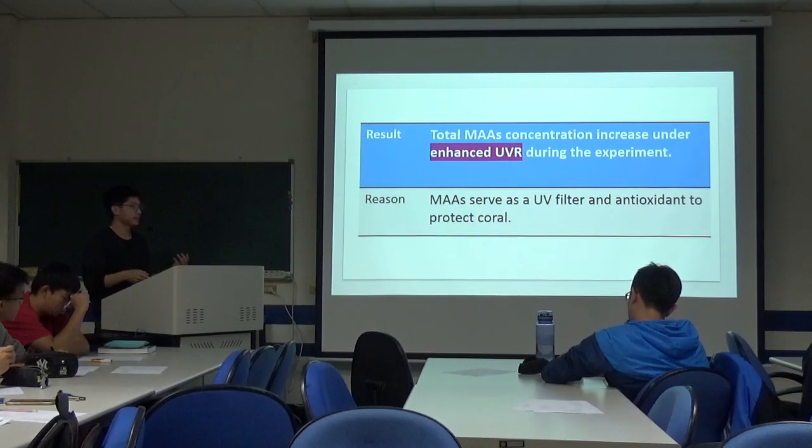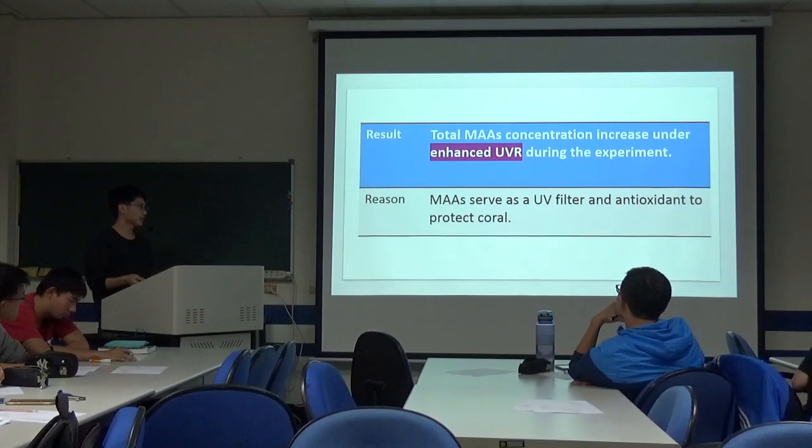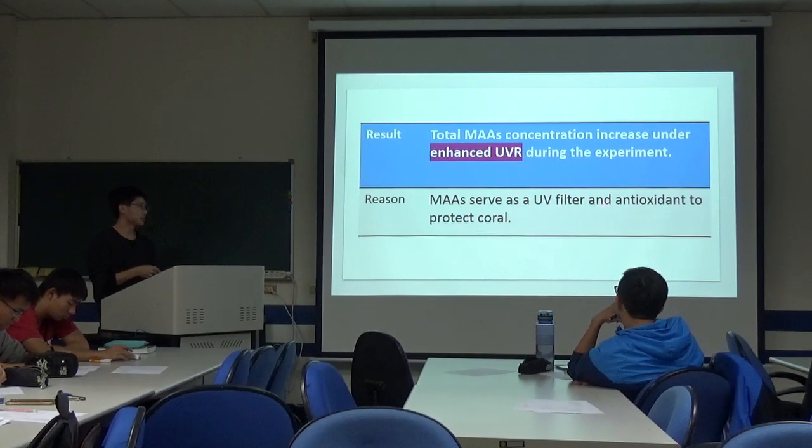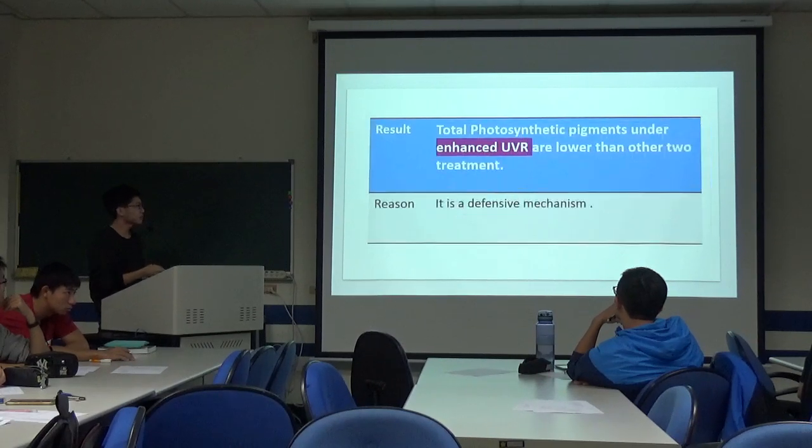Because MAAs can absorb the harmful UVR to protect both coral and algae. MAAs also act as a UV filter and antioxidant, so they need to produce more MAAs to help them survive the stressful period.